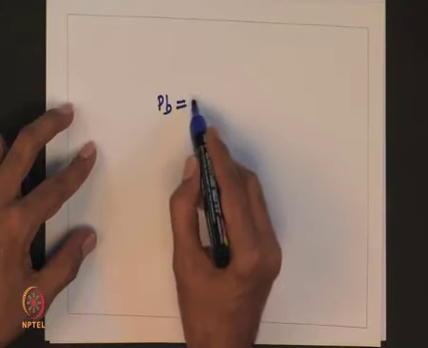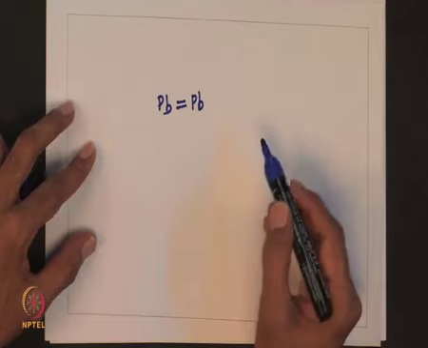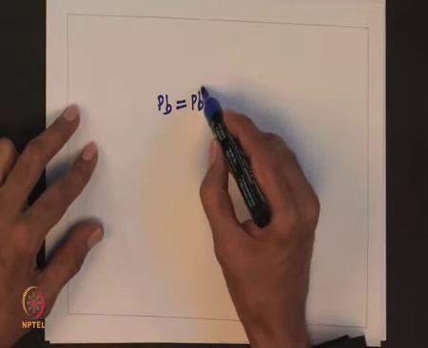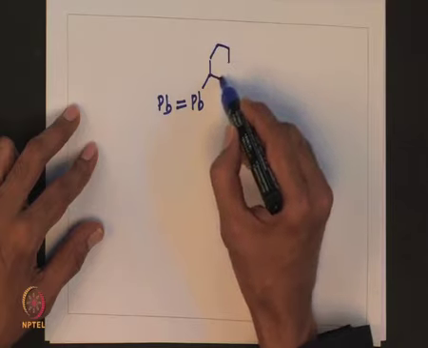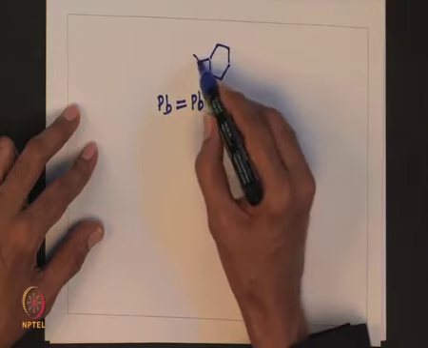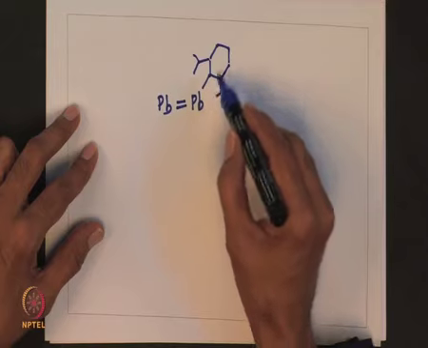For example, with lead, this Pb double bonded compound is known. In this one, as I mentioned, very bulky substituents are used, that is 2,6-diisopropyl phenyl groups.